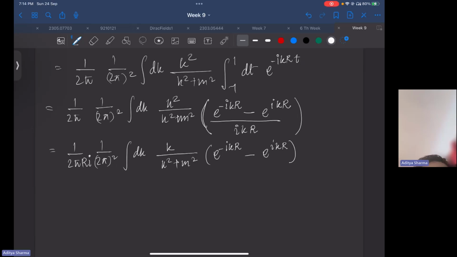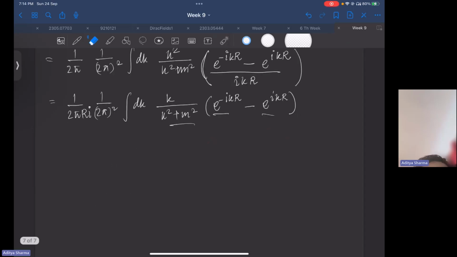I can obviously write it, but there's a reason: we'll have to do some contour integral here, and the contour has to be shifted differently for this part and this part, and we'll come to know why. So I'm not going to write this now, I'm just going to write the integral. I'll call this constant f.